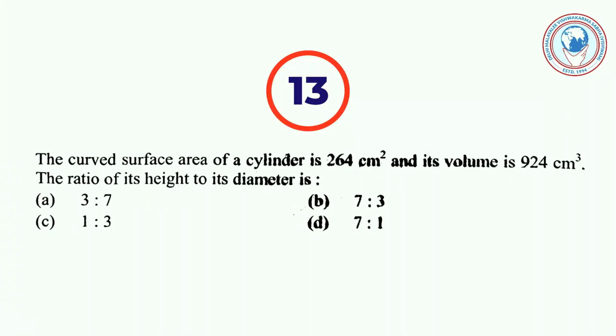Question number 13. The curved surface area of a cylinder is 264 centimeter square and its volume is 924 centimeter cube. The ratio of its height to its diameter.